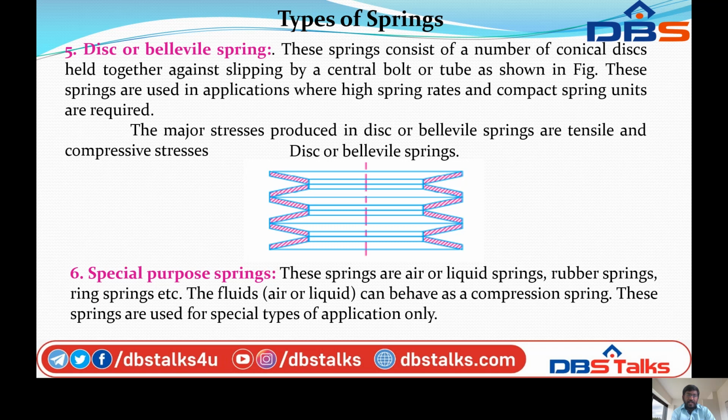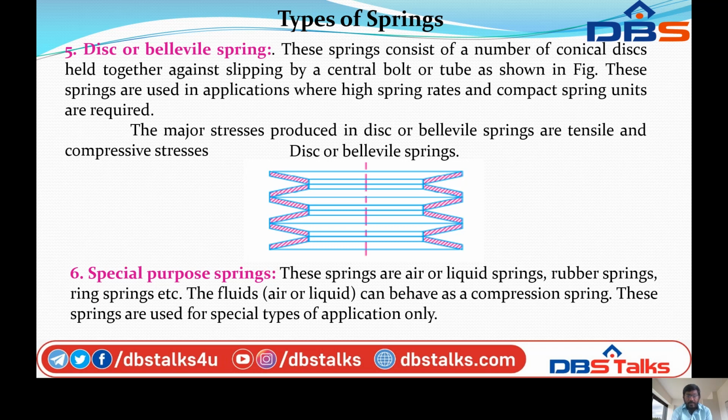These springs are used in applications where a high spring rate and a compact spring unit are required. The major stresses produced in disc or belleville springs are tensile and compressive stresses. So you can see the figure. This spring is used for compression or tensile forces.